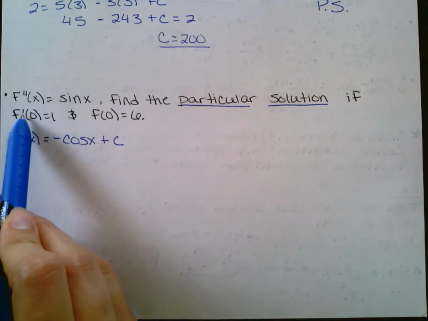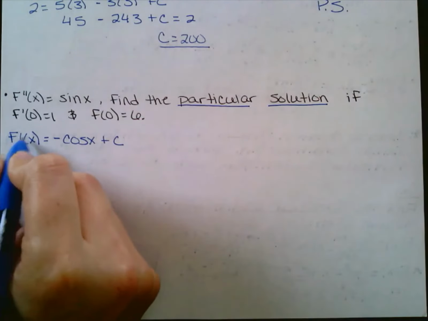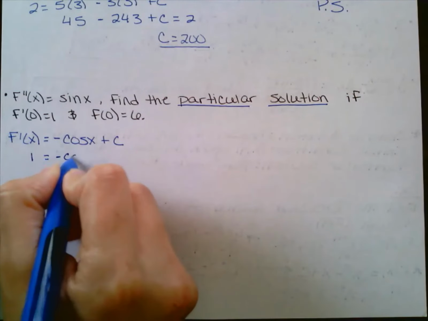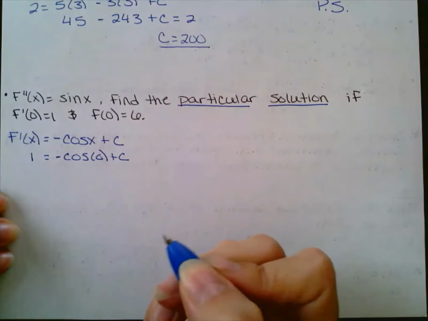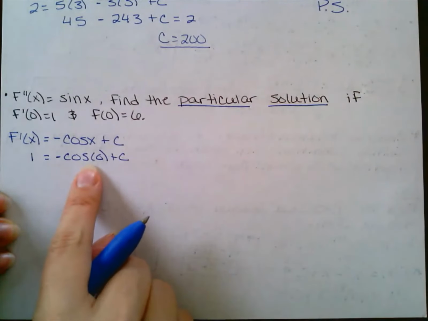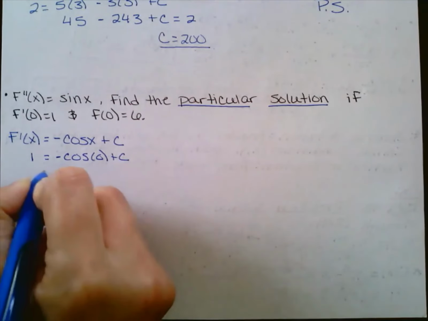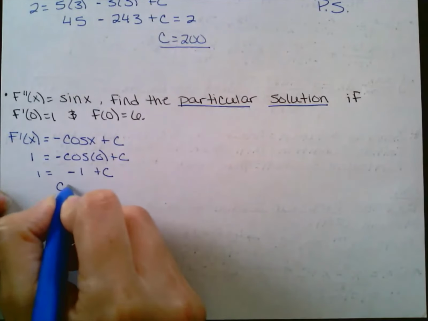Notice that this one has a prime, which is why this is the one we're going to plug in here. So that means f prime equals 1 when I plug in a 0. Okay? Now, cosine of 0 is 1. 1 times a negative, I have negative 1. And I get that c equals 2.